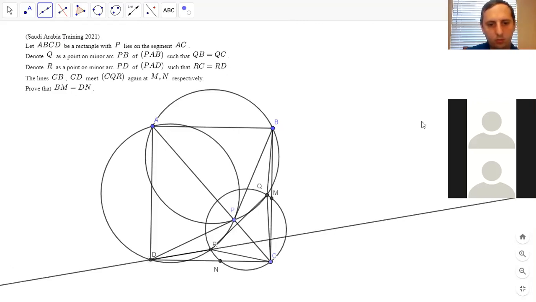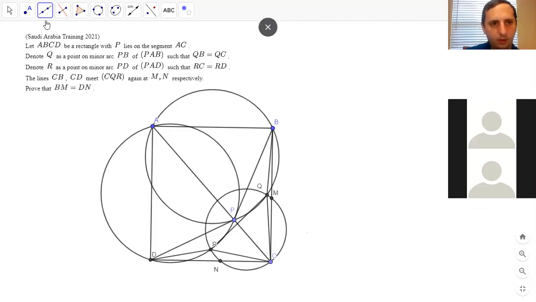See, how can I use power of a point? Should I draw the center of the circle? I wonder if that might help.